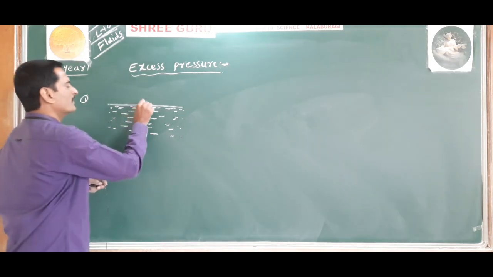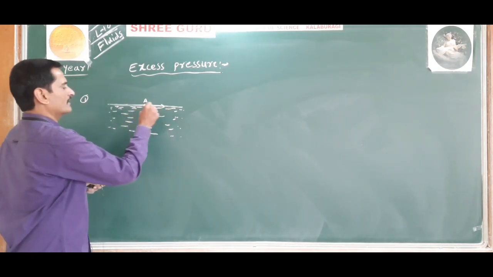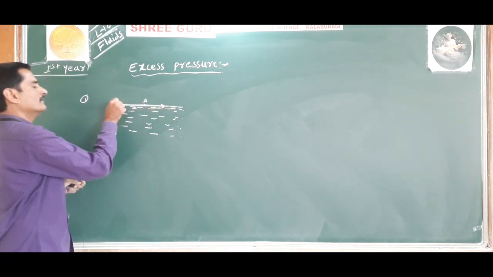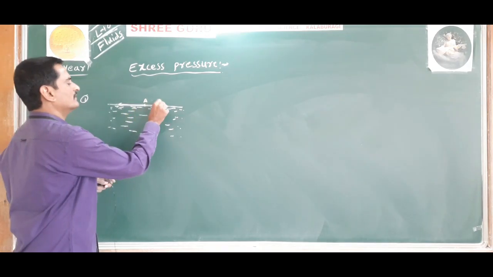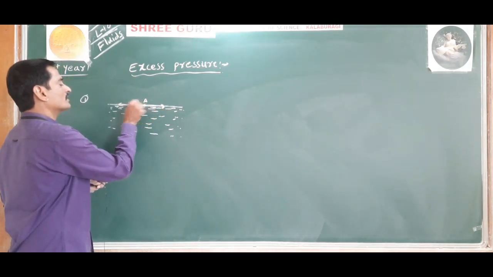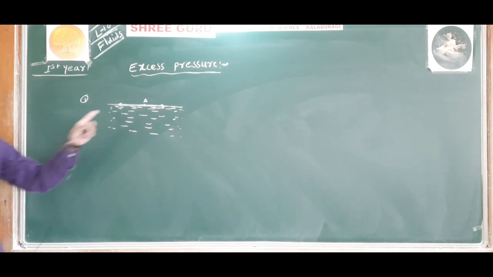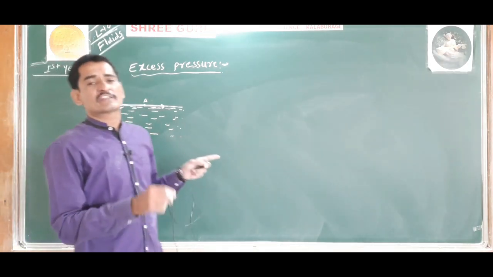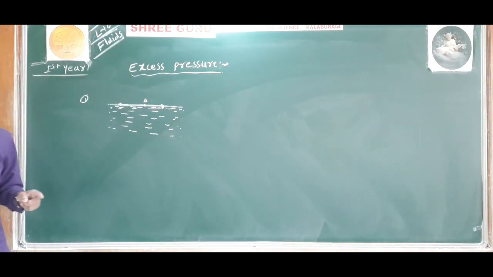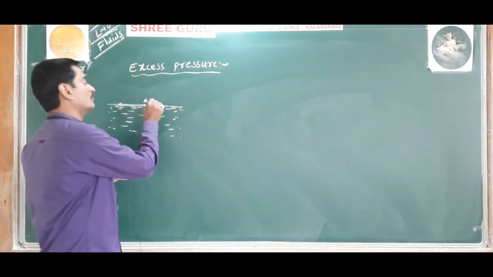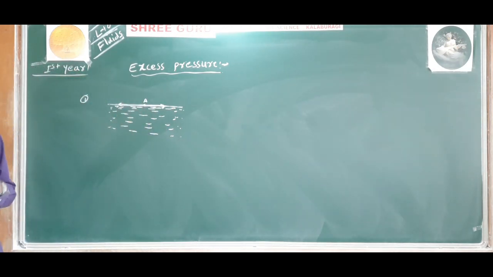Then a liquid molecule A is equally attracted by all the molecules on the surface. So the net force acting on the molecule due to the surface tension will be 0.